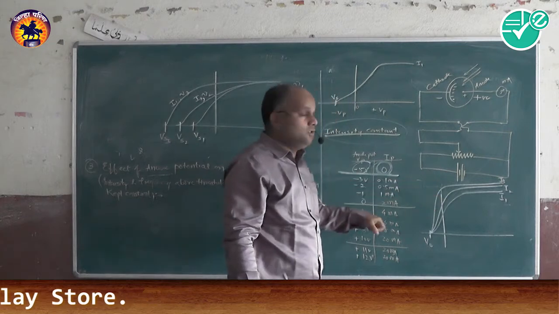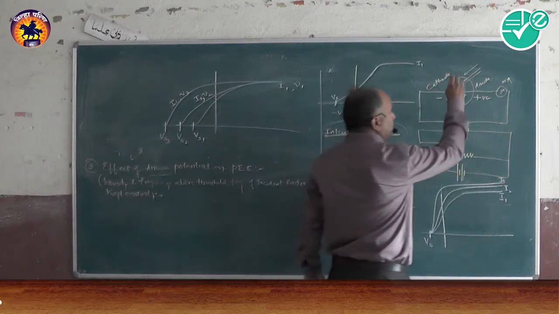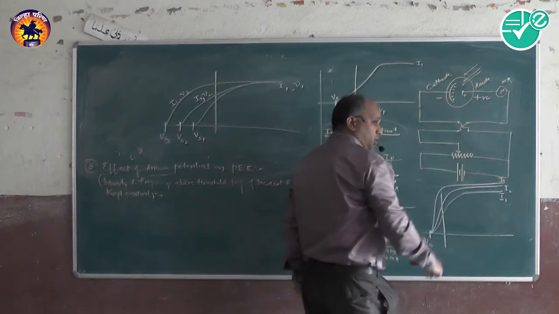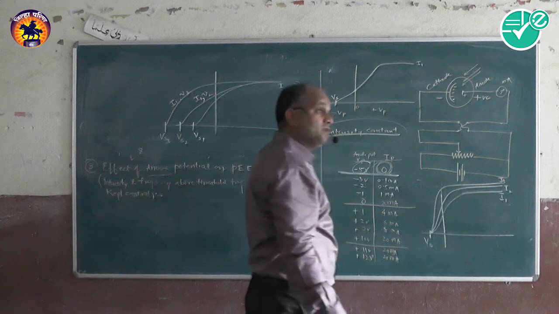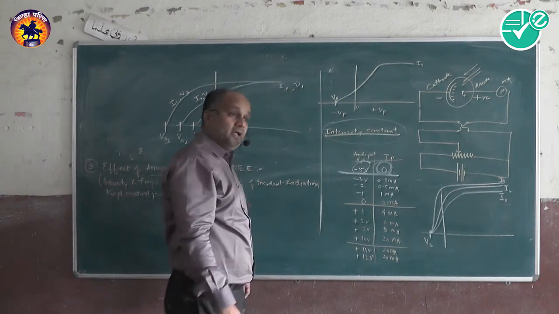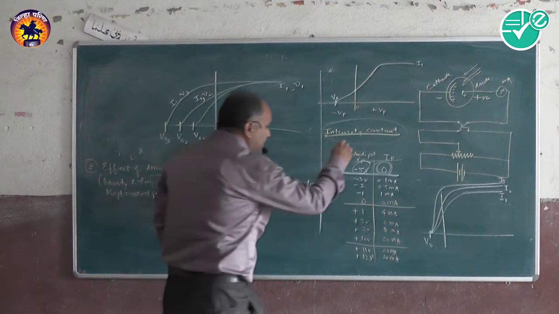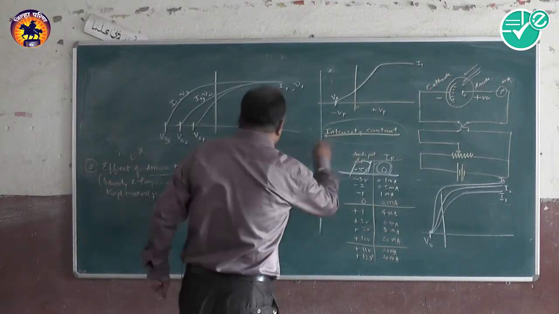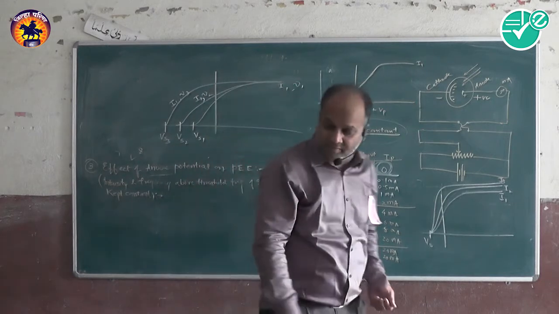That is why no negatively charged electron will reach the surface of the anode, and then the current becomes equal to 0. This is a very important factor, called the stopping potential.